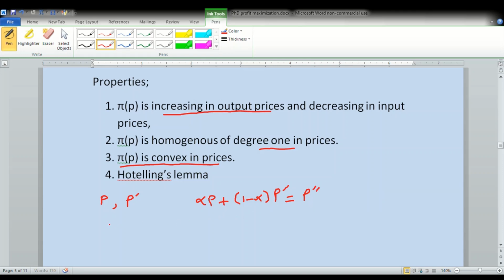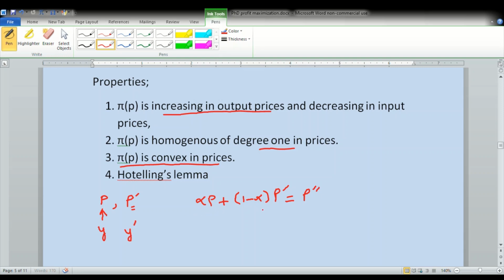There will be one net put vector which will be profit maximizing with this price vector, call it y. There is another net put vector which is profit maximizing with this price vector, so call it y dash.